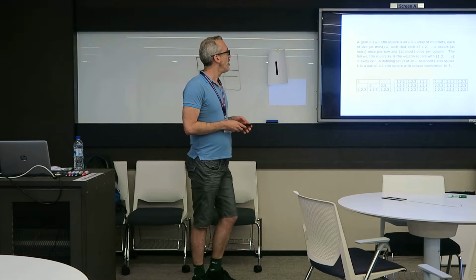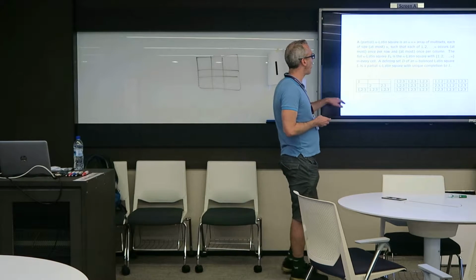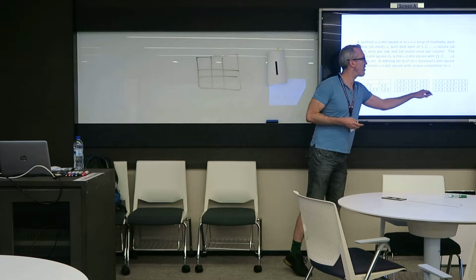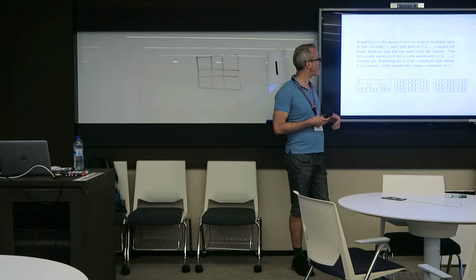Okay, so we've got the idea of an n Latin square. Here are two 3 Latin squares, and it's easiest to explain by example. You're allowed multi-sets in a cell, and you've got to have each of the numbers 1 to 3 occurring 3 times in each row and 3 times in each column.